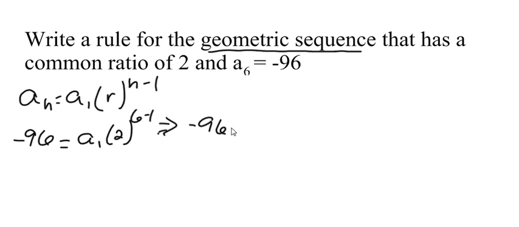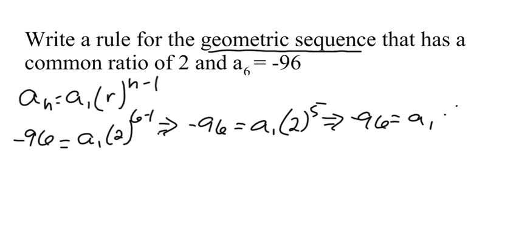All right, so that would imply that negative 96 is equal to a sub 1 times 2 to the 5th power, which means that negative 96 is equal to a sub 1 times 32. Isolate a sub 1, divide by 32, which means that a sub 1 is equal to negative 3.